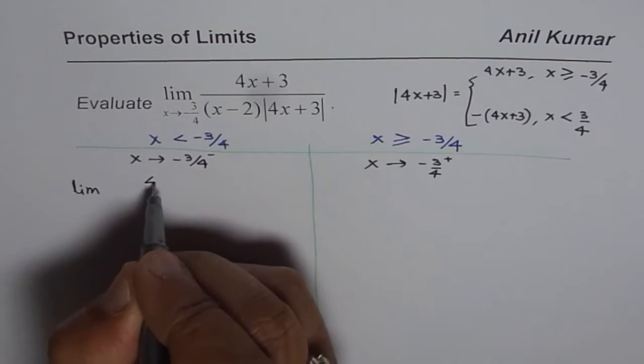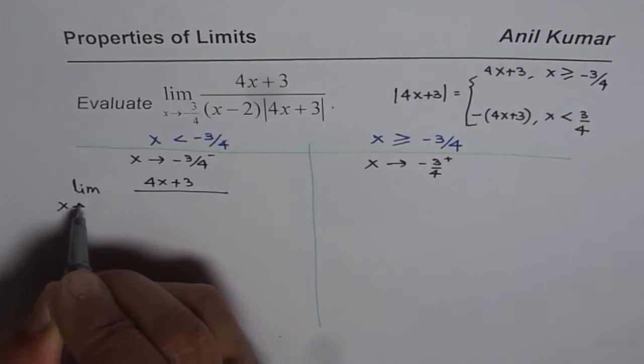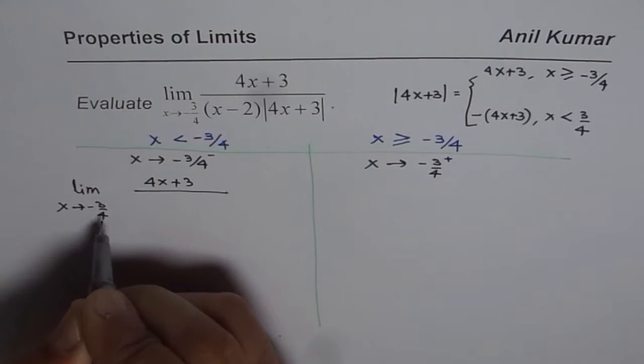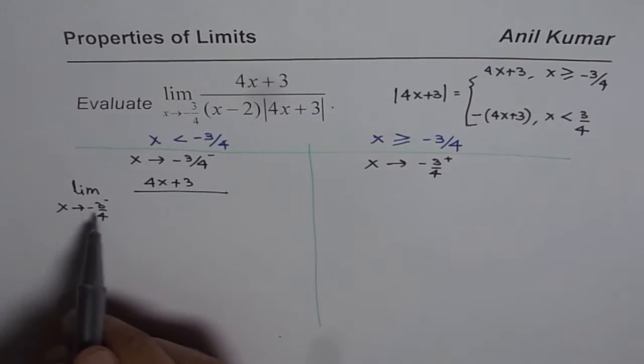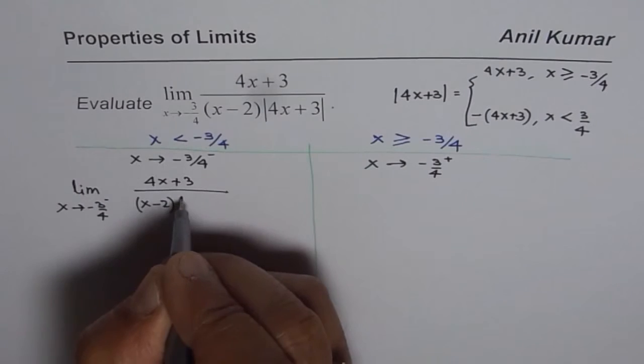If we are approaching from the left side, the expression can be written as the limit, where the numerator is 4x plus 3, x is approaching minus 3 over 4, and let me write minus, saying that we are approaching from the left side, and then we have x minus 2 times the absolute value.